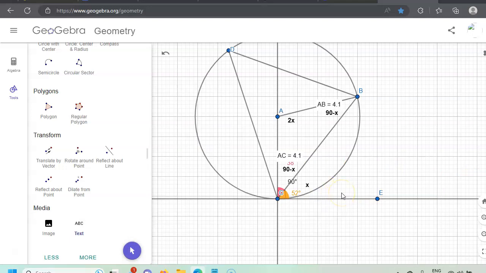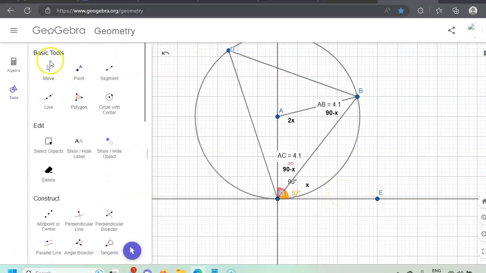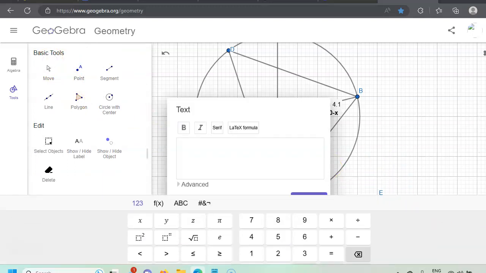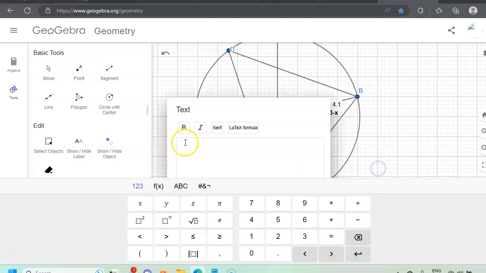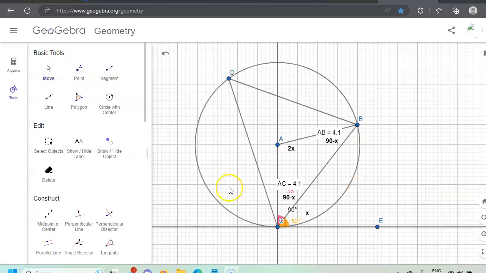Now, what is the relationship between angle CDB and angle CAB? Yes, CAB is a central angle, and since angle CDB has a vertex D along the circle, we call it an inscribed angle.